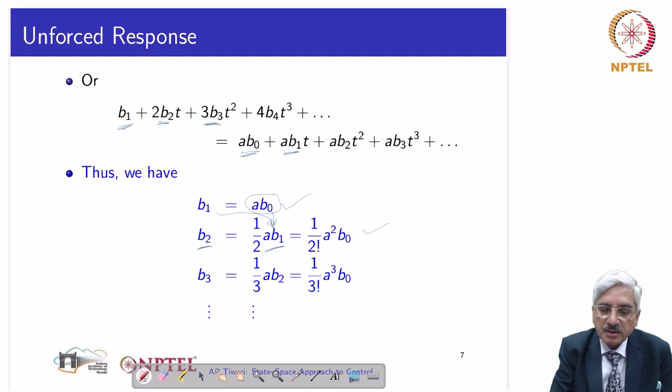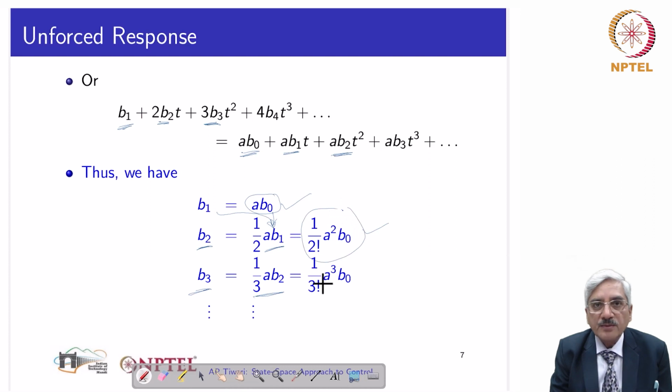Then 3 b3 equal to a b2, from which we get b3 equal to 1 by 3 a b2, and again b2 is substituted to obtain 1 by factorial 3 a cube b0.